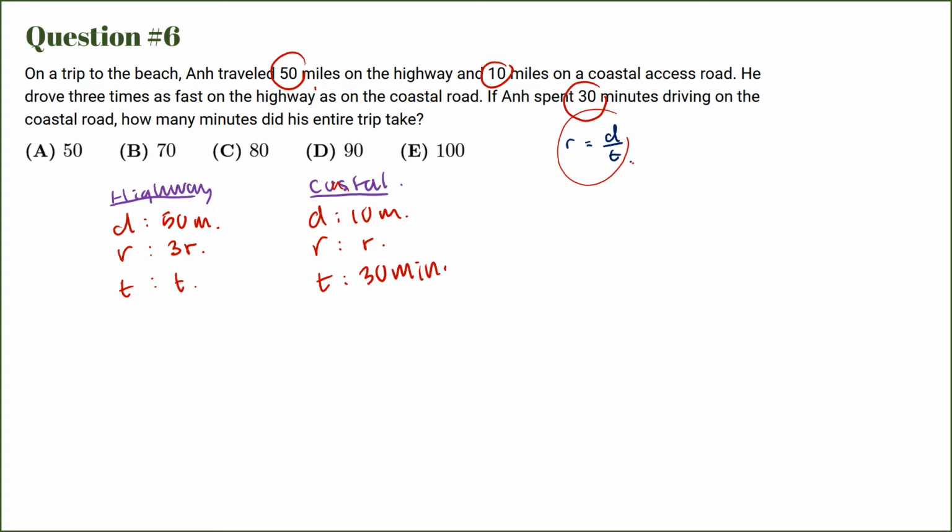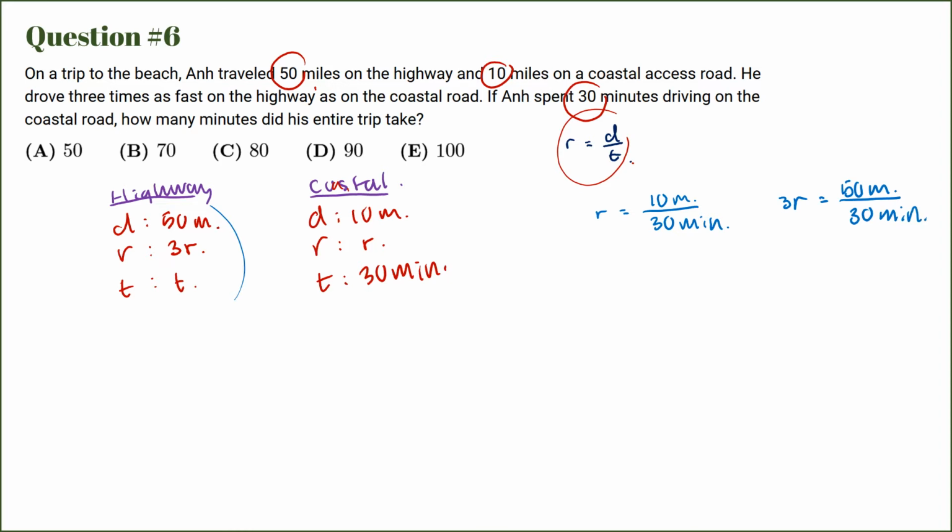So first of all, rate equals 10 miles over 30 minutes. And let's plug this in. So we have 3R equals 50 miles over 30 minutes.